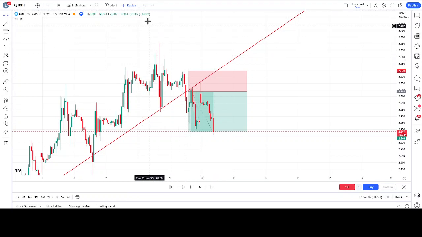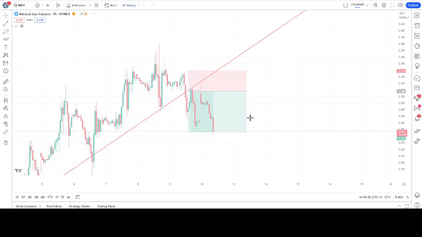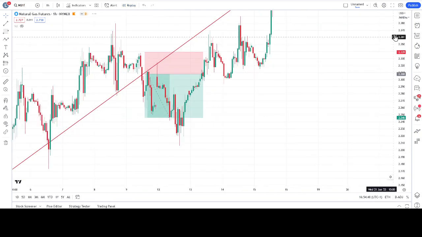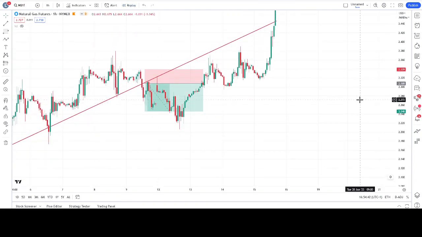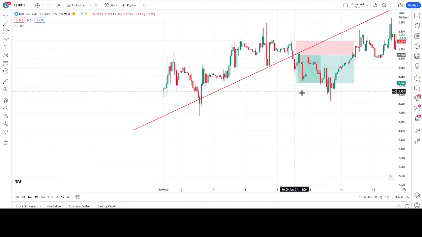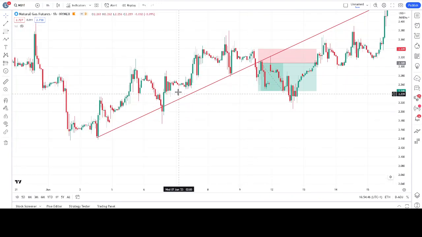So let me just cancel this replay here, and let's see if we can find another trade here. So the key is always go and find an uptrend. So one more thing which we said, 8 to 10 days. So when did the uptrend start here? The 2nd of June. And when did it break here? The 9ish.